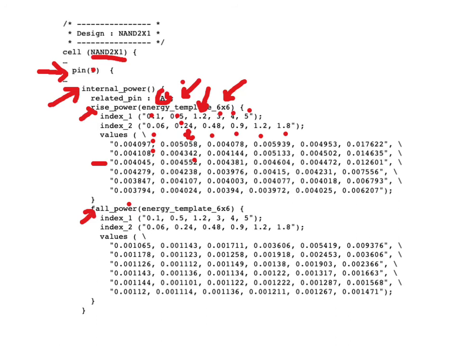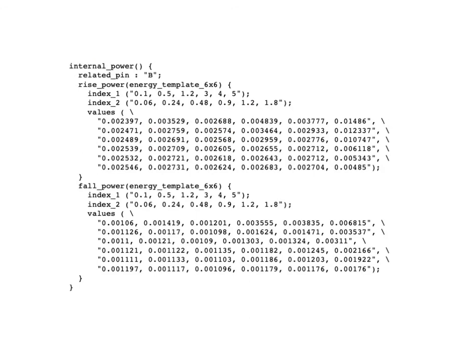So this is how we are able to read the values from the dot liberty file. A similar set of specifications is also seen for pin B. You can have a look at pin B there.